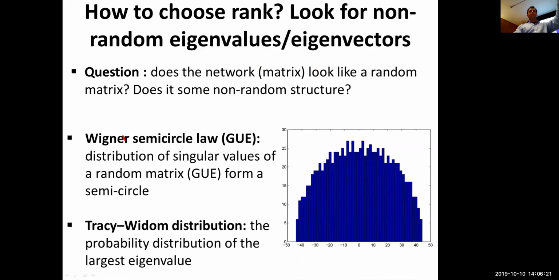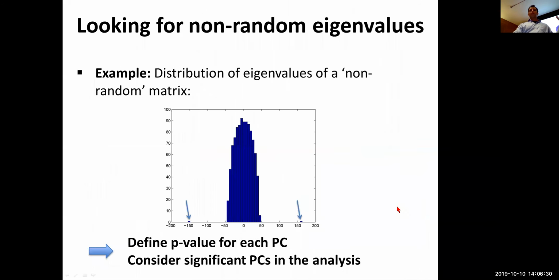Okay, this is known as the Wigner semicircle law, so you can look it up. And there's a probability distribution of the largest eigenvalue, and you can ask, where is my strongest eigenvalue falling?